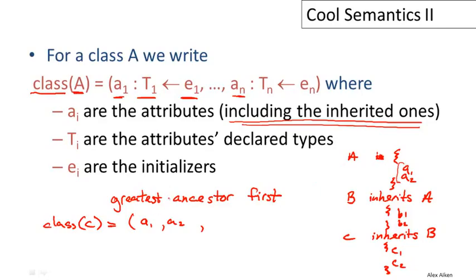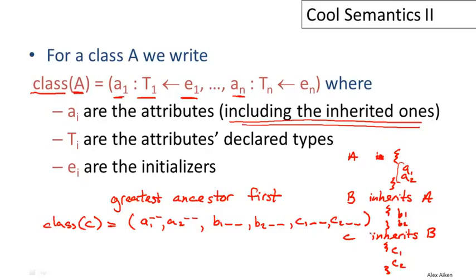And of course, the type and the initializer are also listed here for both of these attributes, but we're just concentrating here on the order in which the information appears. So then next would come class B. So the attributes of class B would be next. And of course, there would be the type and initializer for those attributes. And then finally, the attributes of class C, again, in the order in which they're listed in the class definition.